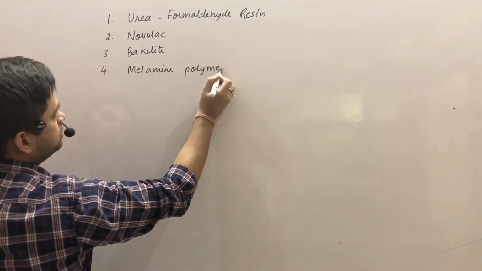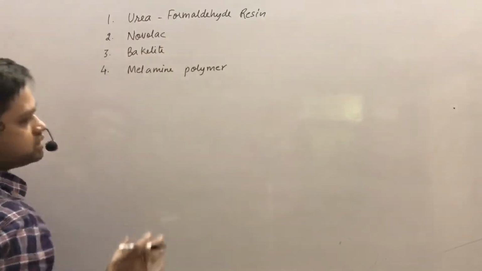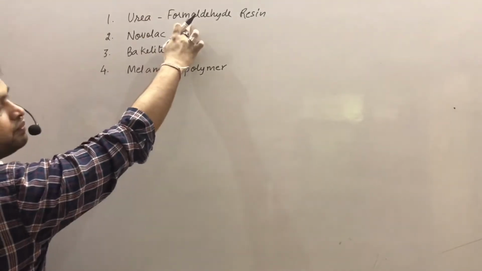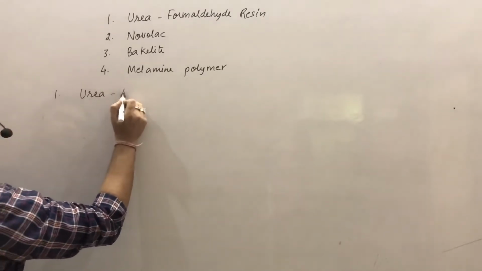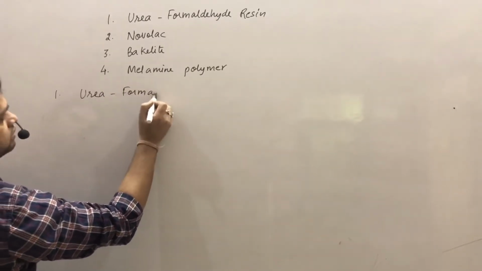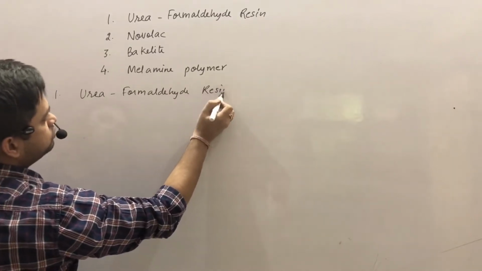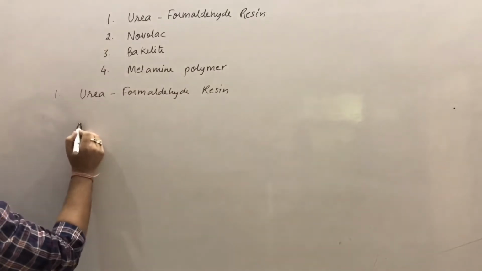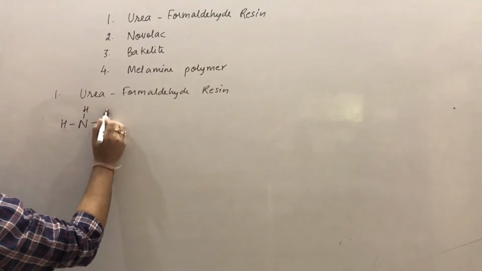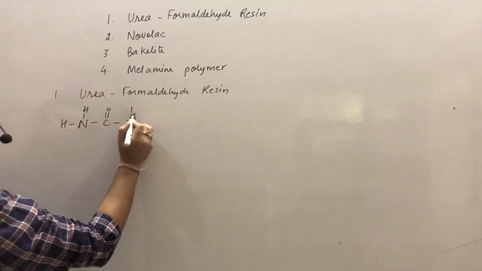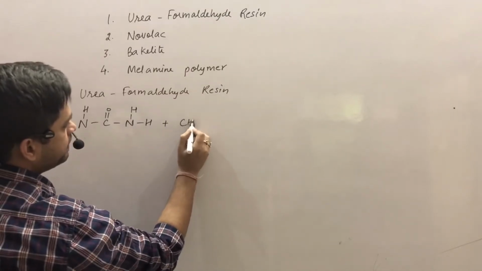Let's start with urea formaldehyde resin. The two monomers here are urea and formaldehyde. So the first monomer is urea. Urea is NH2, CO, NH2. And second monomer is formaldehyde.